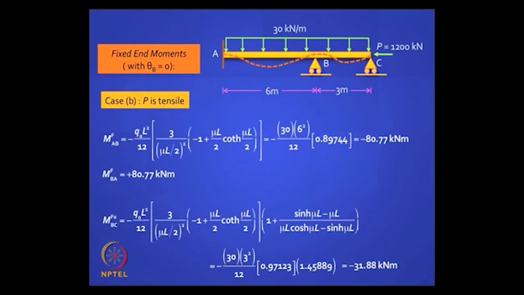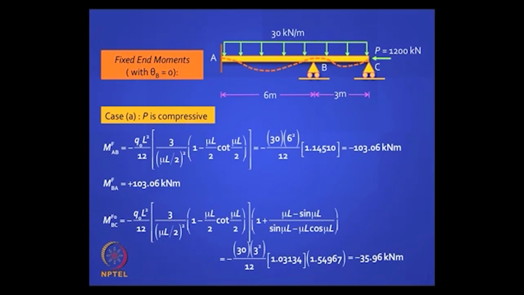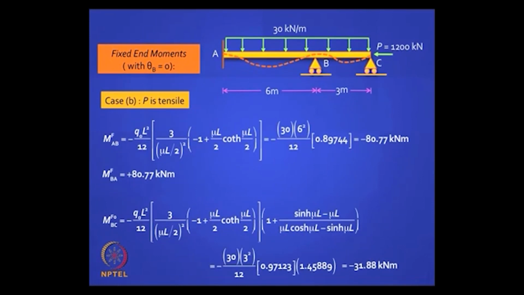Just look at the fixed end moments, when it is compressive the first one is 103.06, when it is tensile it is 80.77. So there is a big difference on whether it is compressive or tensile, and also the magnitude of the force, and if it is just without any force, actual force, it is going to be, let us work it out, Q naught L squared by 12, can you do that, 30 into 6 squared by 12 works out to 90.